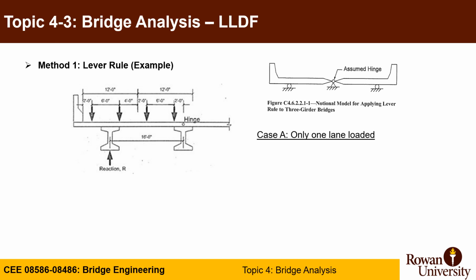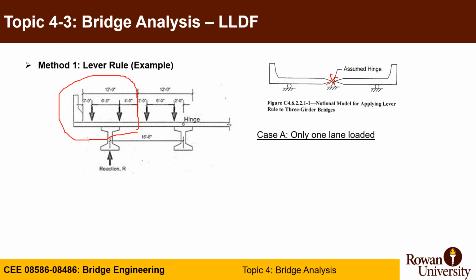So we know from the lever rule that we discussed earlier that, let's say you have 3 girders, or whatever number of girders, and you want to calculate for the exterior only. What you can do is load the first truck here in this example.